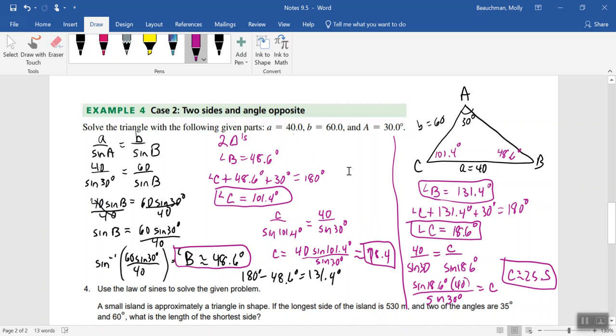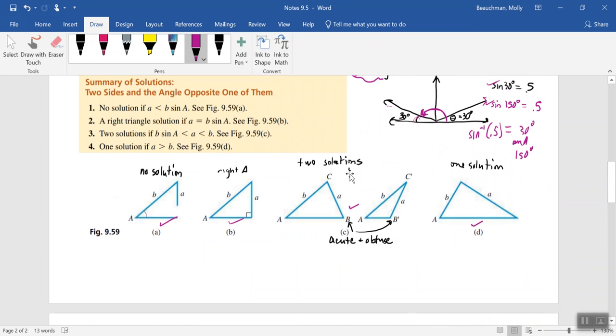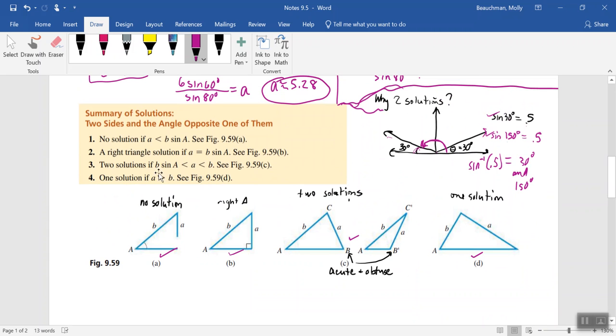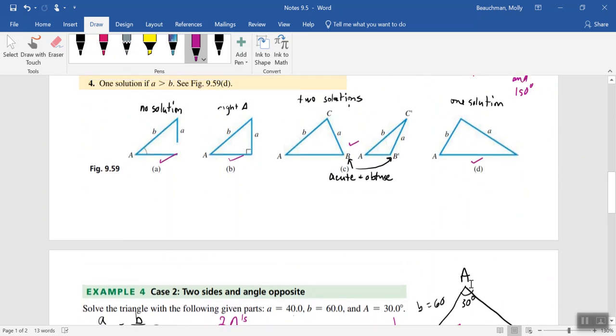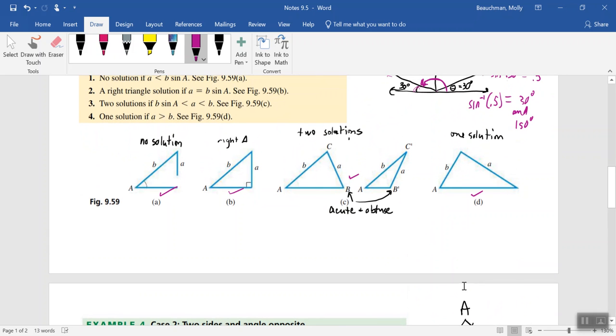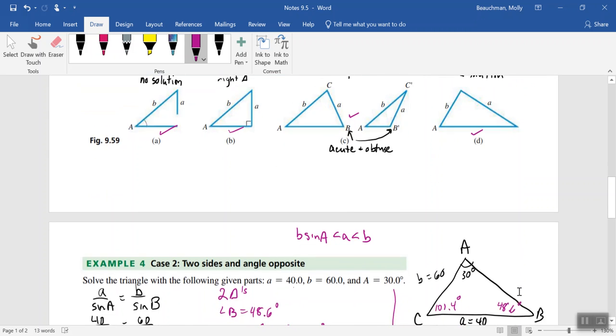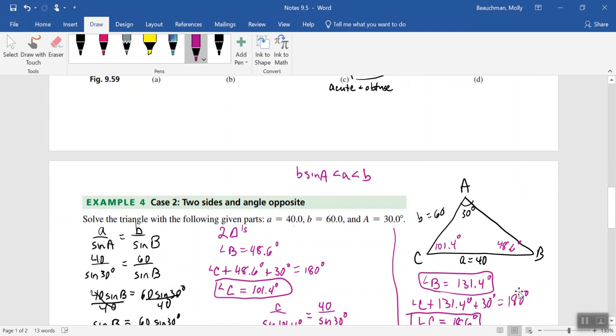So let's look back at our chart. You have two solutions if b times the sine of a is less than a, which is less than b. Let me write it down. Two solutions if b times the sine of a is less than a is less than b. So b times the sine of a, so 60 times the sine of 30.